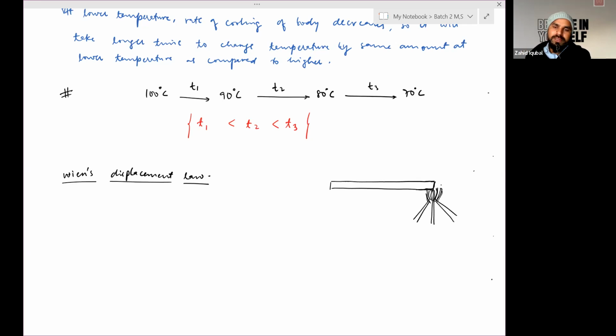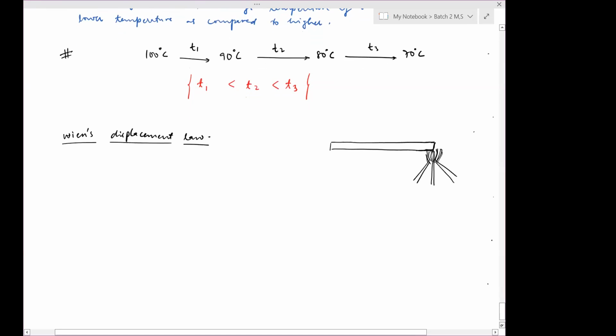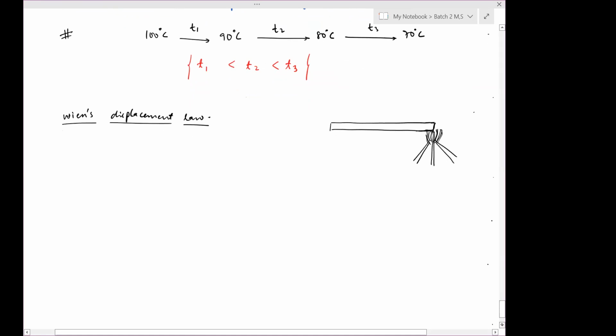Suppose an iron rod is placed over a flame. In which color would it tend to radiate initially? Orange. Why not red? Red, I think so.